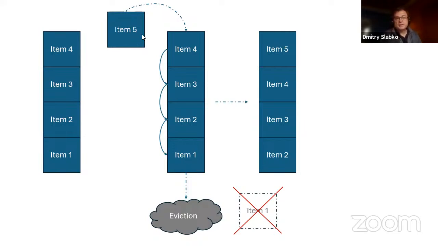So when we add item 5, we need to remove one of the items and we remove the oldest item. So item 1 gets evicted from the cache. After this operation, our cache looks like this. So no more item 1.